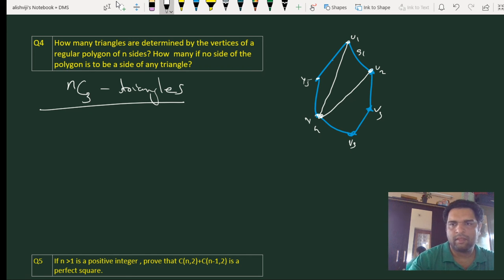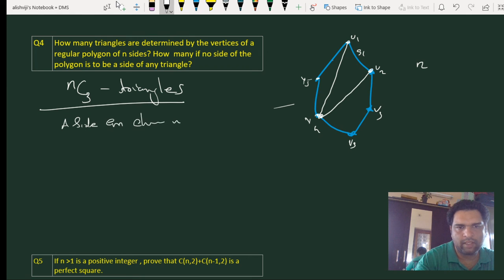If we choose a particular side, that side can be chosen in n different ways.